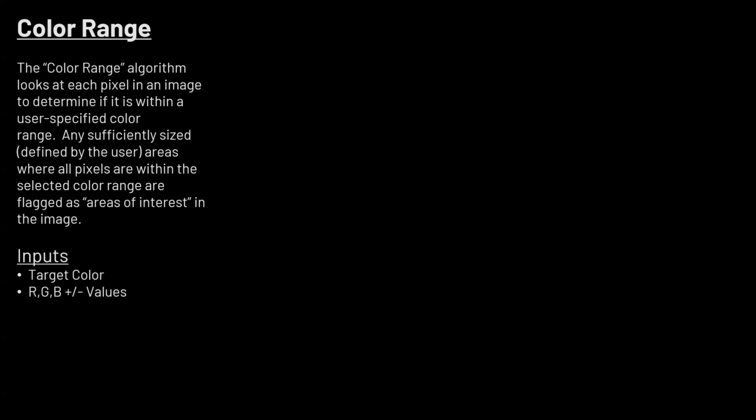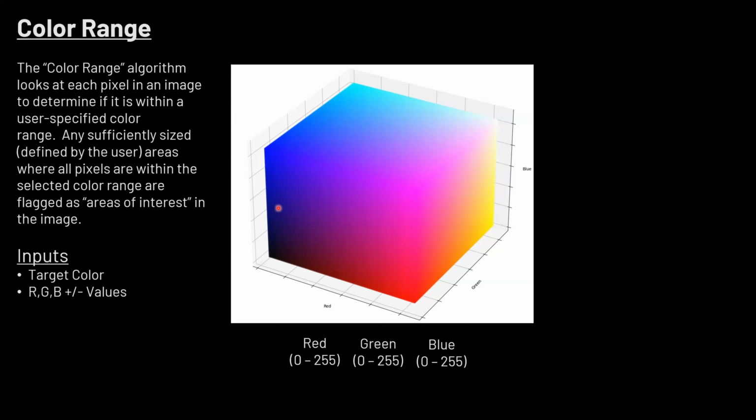It gets a little conceptually hard to wrap your head around sometimes because we have three variables, R, G, and B. So we're talking about a cube of color like this, where we have the red axis, the green axis, and the blue axis. So three-dimensional thinking here. What we're trying to do is carve out a section of this giant cube and say, hey, these are the colors that meet my criteria. These are the ones I want to look for and consider to be a match for my target color.